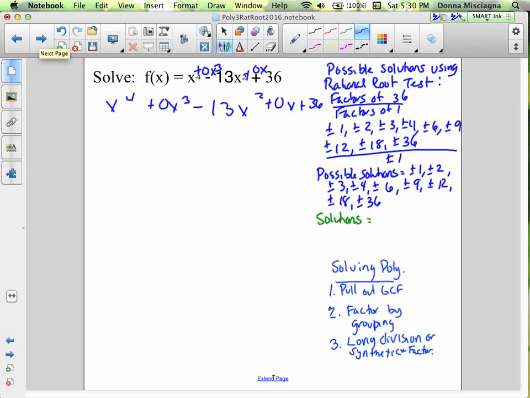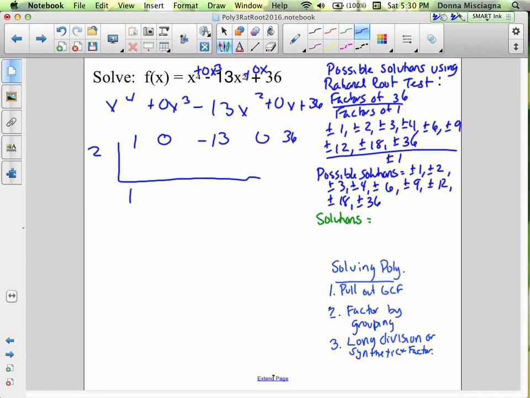All right, and so now we have to pick one. How about the 2? Right, so if we choose the 2, we're going to have 1 for the x to the 4th, 0 for the x cubed, negative 13 for the x squared, 0 for the x, and 36. Right?